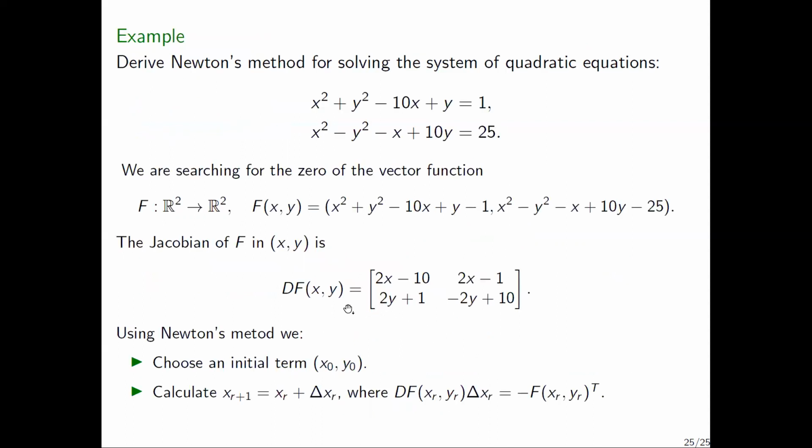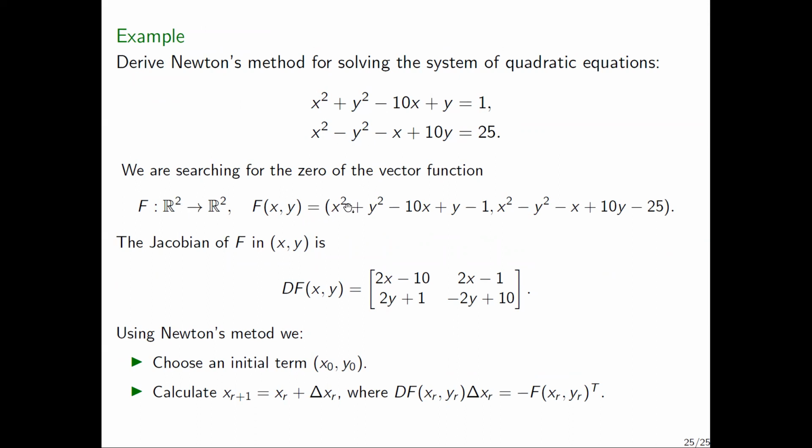Okay, and let's look at this example. We have two equations, and both consist of two variables, and we would like to find a common solution. We can write this as a vector function mapping from R to the power of 2 into R to the power of 2.